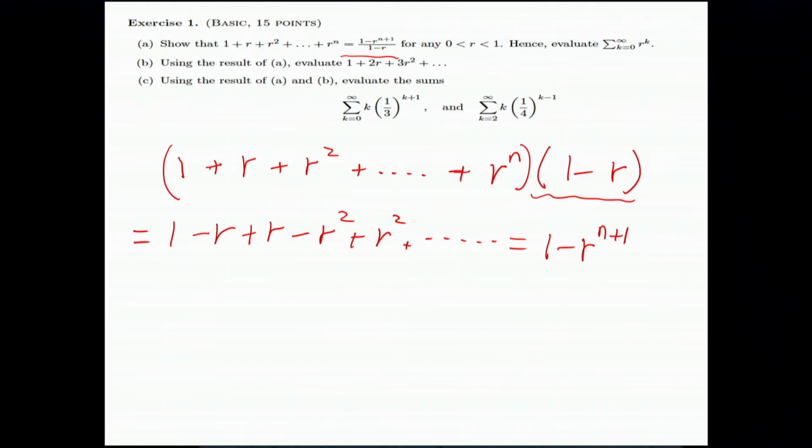So since this equals 1 minus r to the n plus 1, we divide from the left hand side, so we can have 1 plus r plus r squared plus up to r to the n equals this divided by 1 minus the ratio.